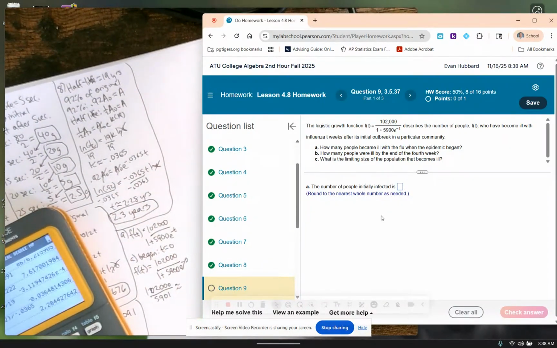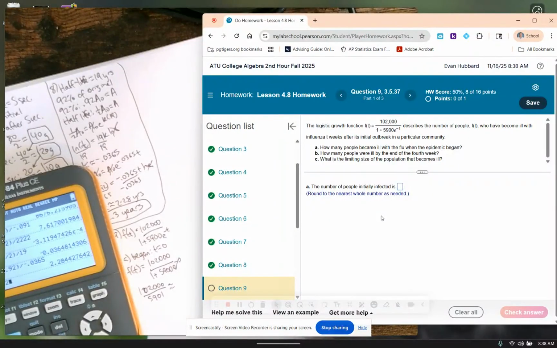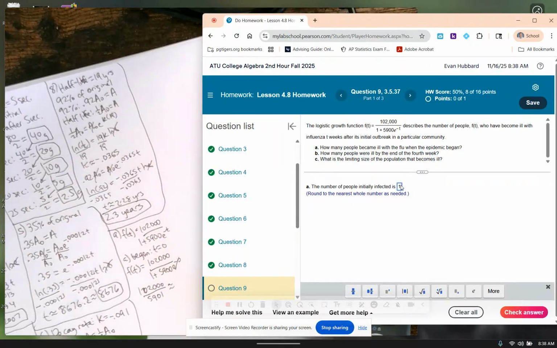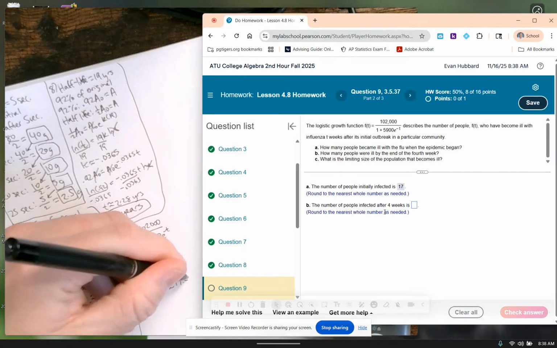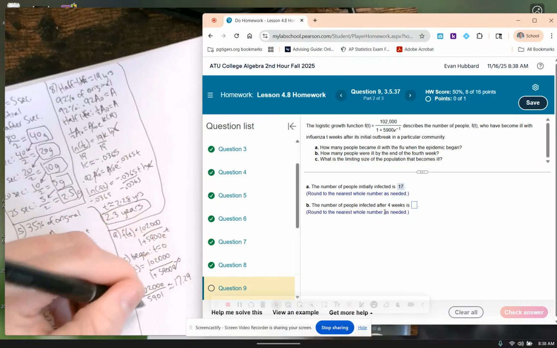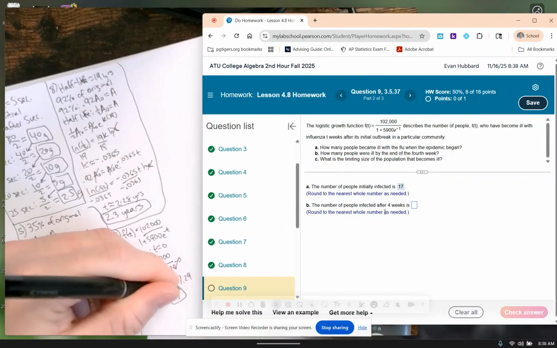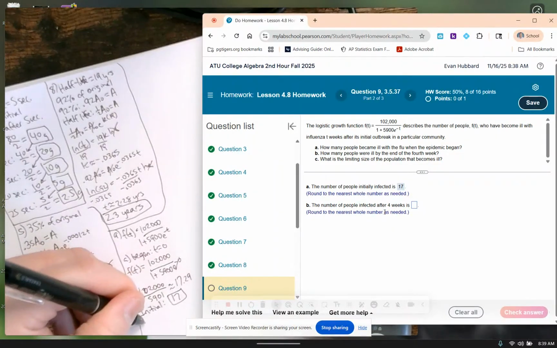So 102,000 divided by 5,901 is 17.28. Do we want to go to 17? So 17.29. So initially, 17.